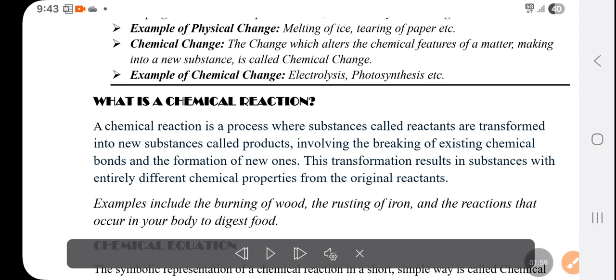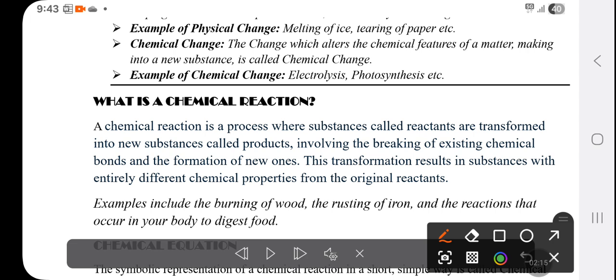So let us understand what is a chemical reaction. A chemical reaction is a process where substances called reactants are transformed into new substances called products, involving the breaking of existing chemical bonds and forming of new ones. So let us highlight the points.